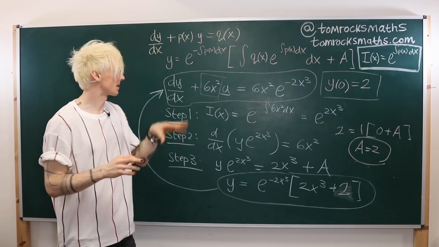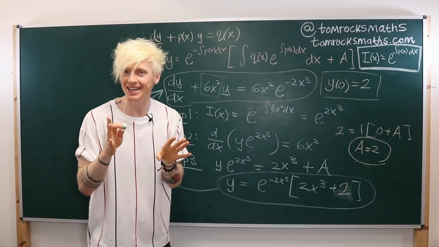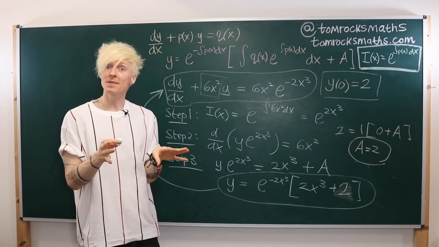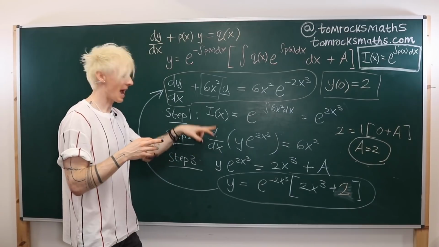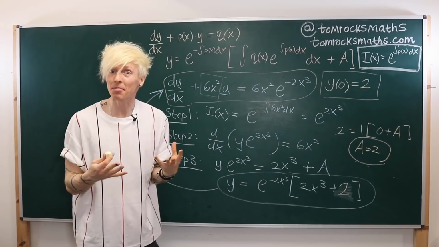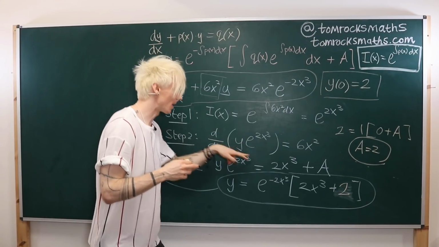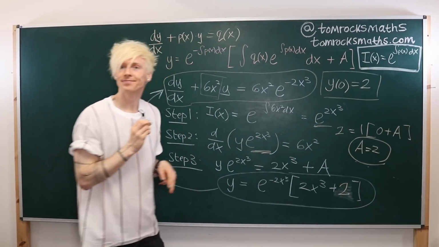Step 2 is to multiply the whole equation, including the right-hand side, by your integrating factor. And that means you'll always be able to write the left-hand side as the derivative of a product. And the two terms in that product, again, will always be y multiplied by your integrating factor.